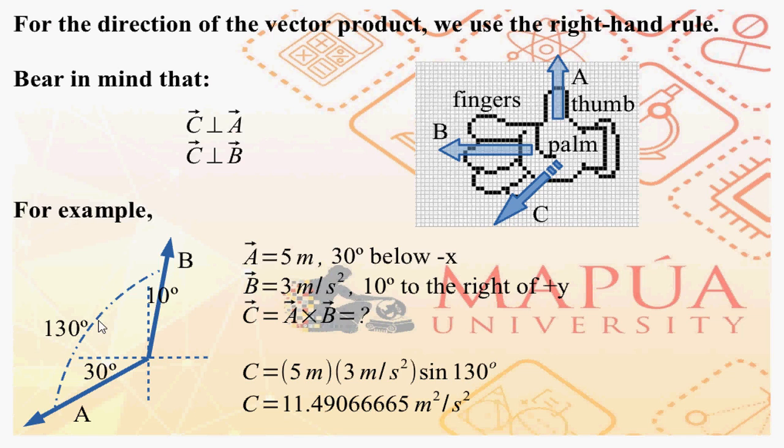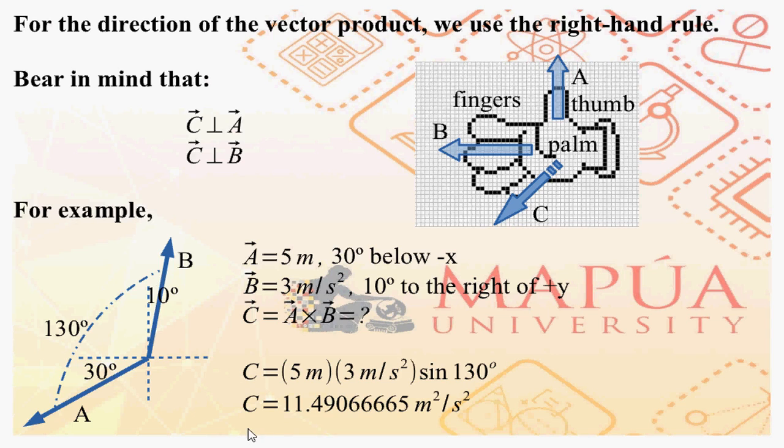To get the magnitude of vector C, magnitude C is just equal to the magnitude of the first vector A times the magnitude of the second vector B times the sine of the angle between A and B, 130 degrees.